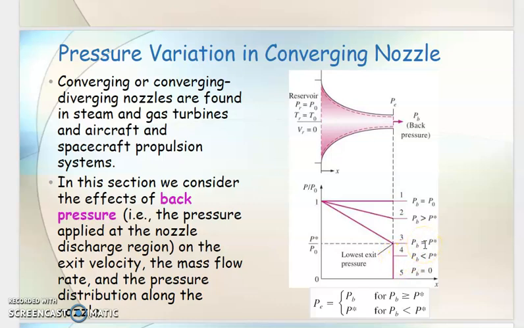That is the statement. When the back pressure is lower than P star, which is step number 4, we still consider the P exit as P star. When the back pressure is more than P star, we use that back pressure as your P exit. That is the importance of back pressure towards the velocity within the converging nozzle.